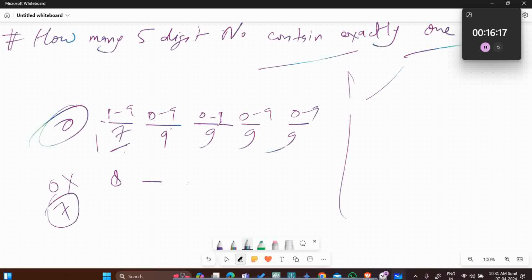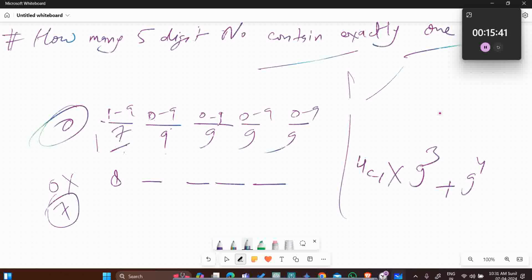And what we are doing here, there are 4 places for 7. This is 4C1, and for the rest, 9 to the power 3. This is how, plus 9 to the power 4. This is how we do it. 4C1 into 9 to the power 3, right? 8 also.